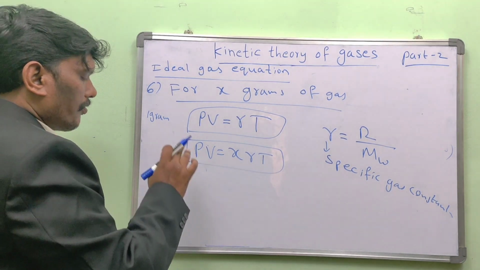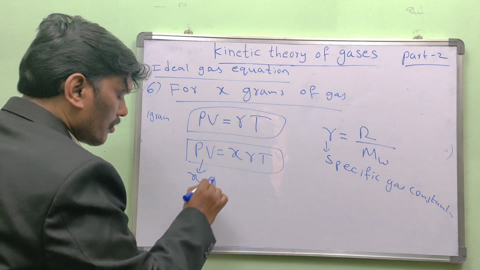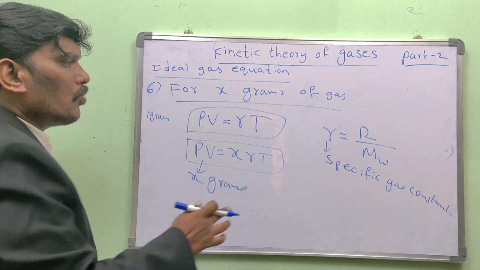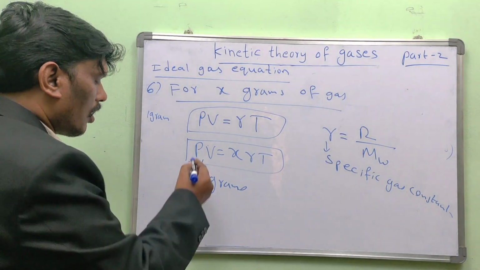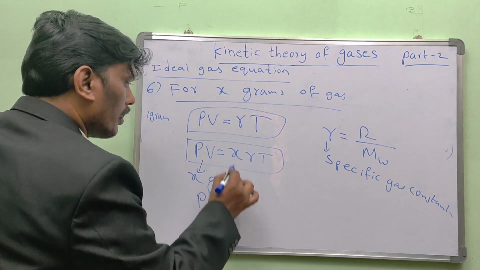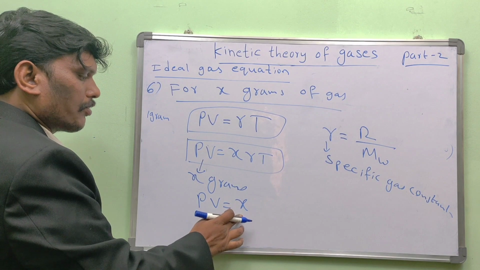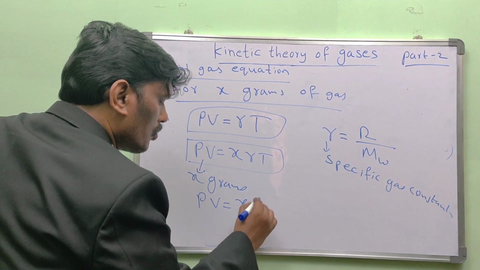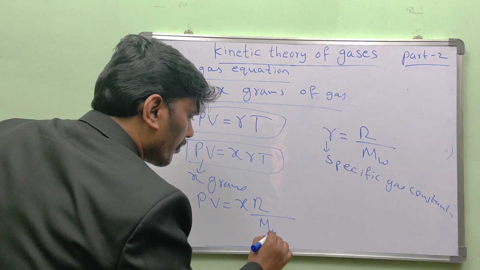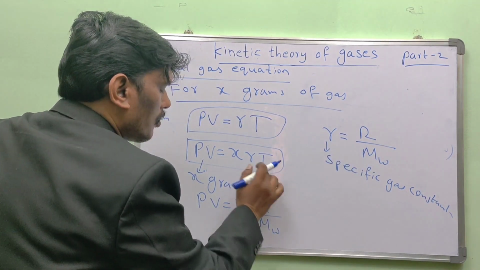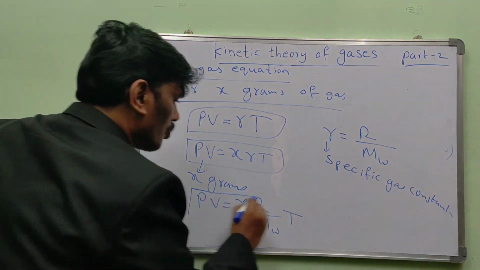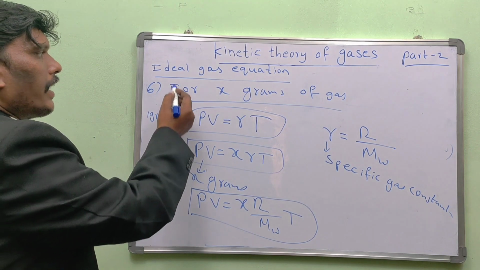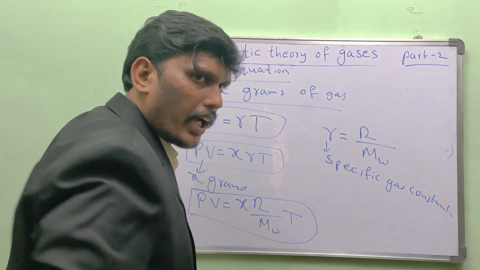This is the ideal gas equation for x grams in terms of specific gas constant. In terms of the universal gas constant, PV is equal to x grams of gas into R by molecular weight into absolute temperature. This is another form of the ideal gas equation for x grams of gas.